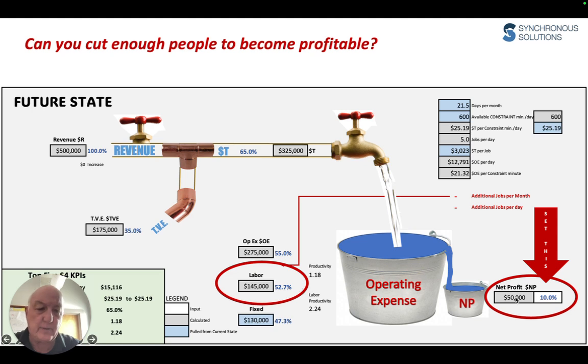That 50,000 would have to come from somewhere, right? It was 195,000. It's now 145,000. That's where the 50,000 net profit came out. And that would give us a labor productivity score of 2.24, necessary for this business to be profitable.